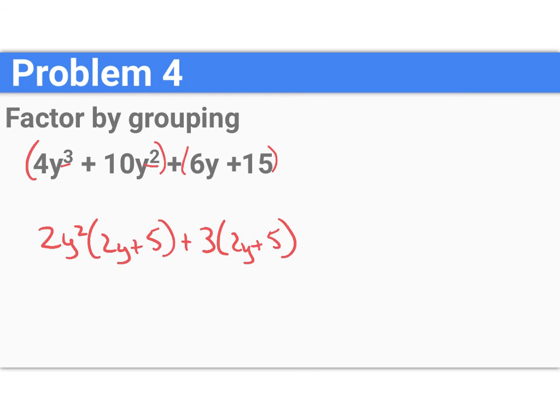So I had to think about factors of everything. And look at that. 2y plus 5 is our common binomial. And then I just put the 2y squared plus 3 together along with the 2y plus 5. And these are our two binomials that we get.